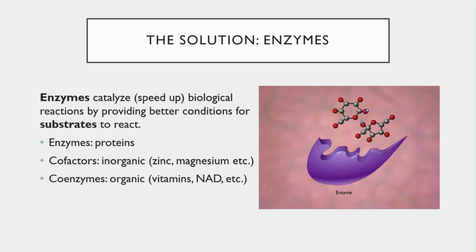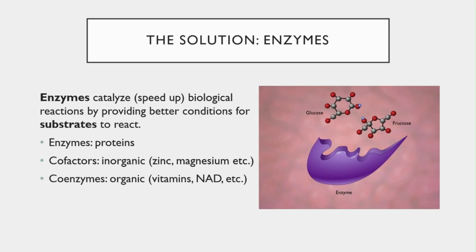Here we see zinc and magnesium as examples. Coenzymes are organic molecules, such as vitamins or nucleotides, such as NAD, which transport chemical groups between enzymes and facilitate enzymatic reactions. We can see in this example how a protein may help function to accelerate a reaction.